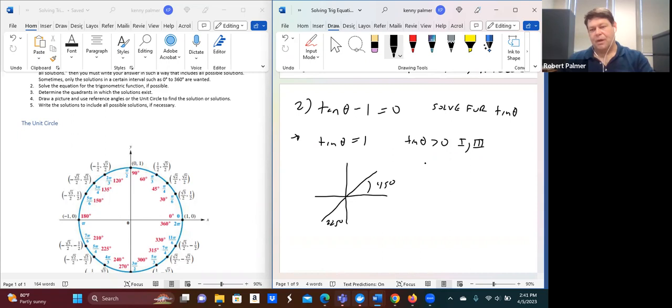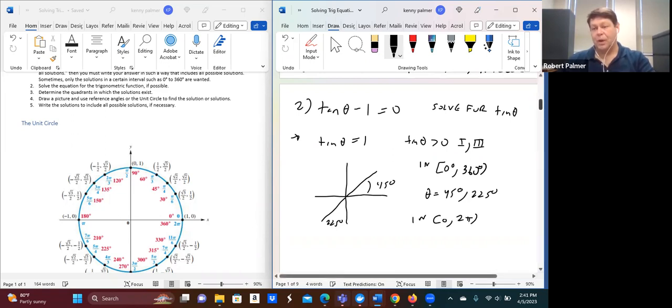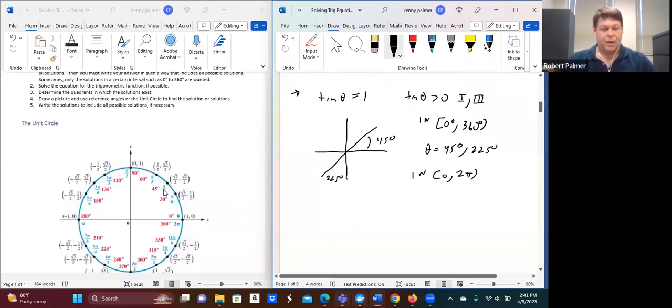If I say I want my answer in the interval from 0 to 360, then our theta is just going to be those two angles, 45 degrees and 225 degrees. Then if I say in 0 to 2 pi, it indicates I want the answer in radians. Then I just use the radian values, pi over 4 and 5 pi over 4.